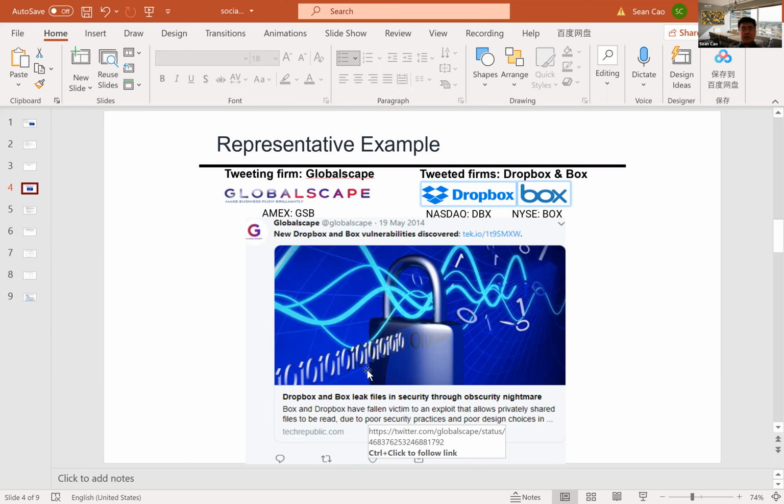If the investors know that GlobalScape is talking about the Dropbox product security issue, through our data analytics we are telling investors that GlobalScape does not have the same product security issue. That's one thing you can help investors with. And the second thing is, the GlobalScape stock price rises after they do that. So investors can actually get a stock return by studying GlobalScape's postings of other companies' product failure news.